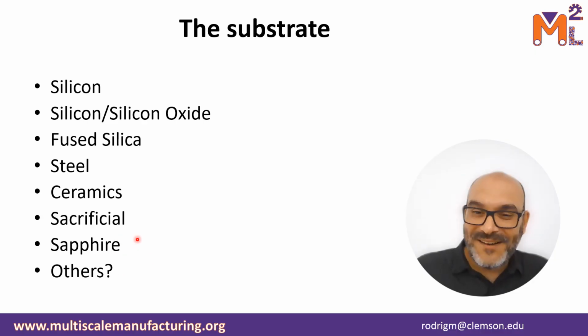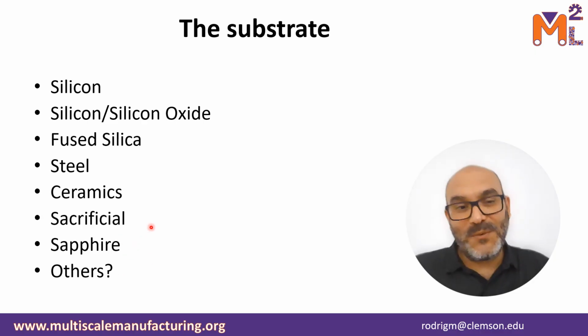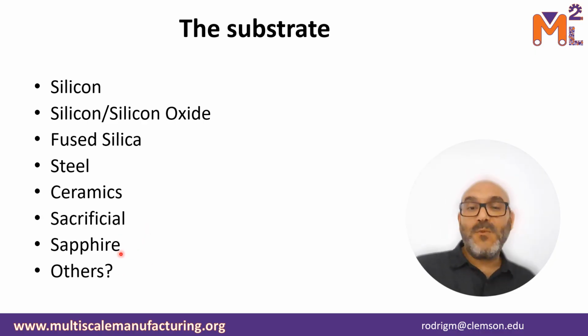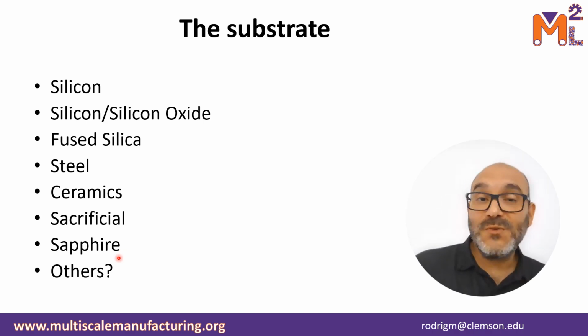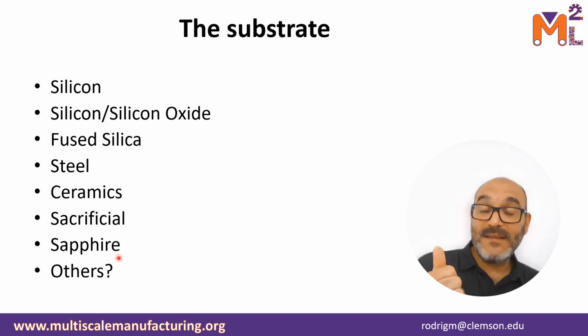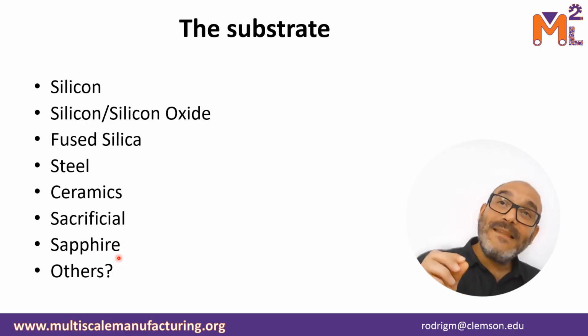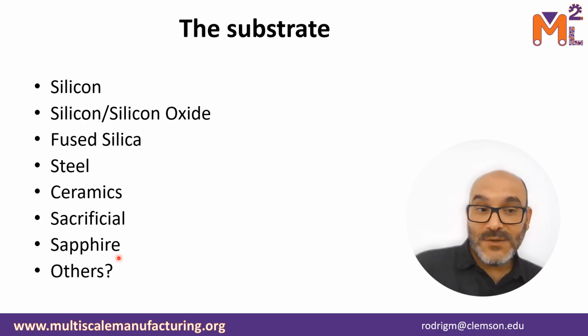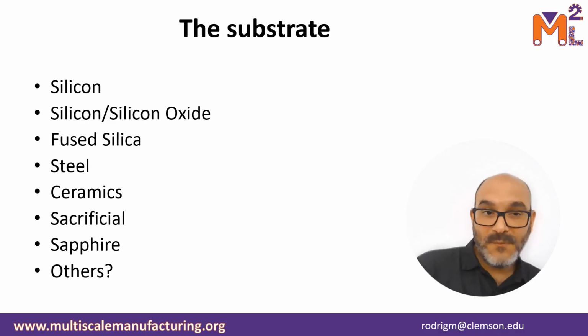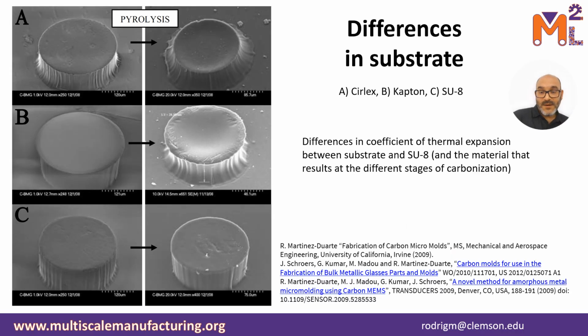The thing with sapphire is that it might tend to get expensive, but always check what kind of materials will sustain the high temperatures that you need for carbonization, right? And also, you need to make sure that the photoresist that you're using actually will stick to that particular substrate. So in most cases, you actually need to do some substrate pre-treatment, right? So that brings us to our next slide.